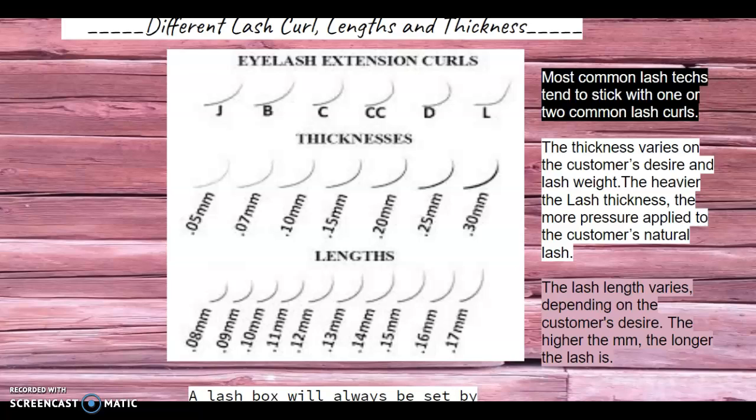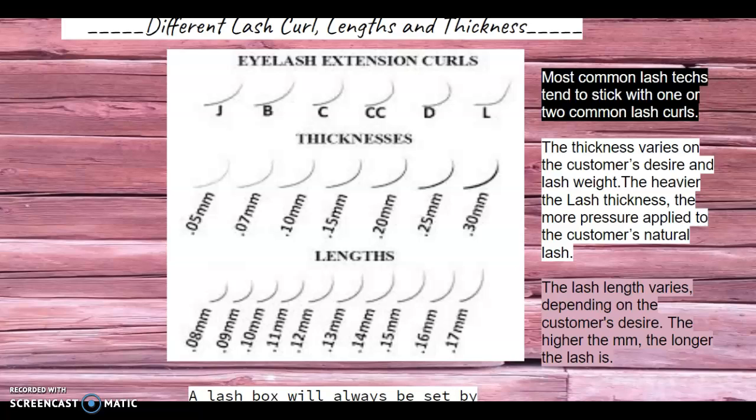For instance, if a lash client comes in and they have 0.5 millimeter natural lashes, and they're asking for something really thick, such as a 0.30 millimeter thickness in lashes, they will not be able to get that. Why? Because it is extremely too heavy for their natural eyelash.